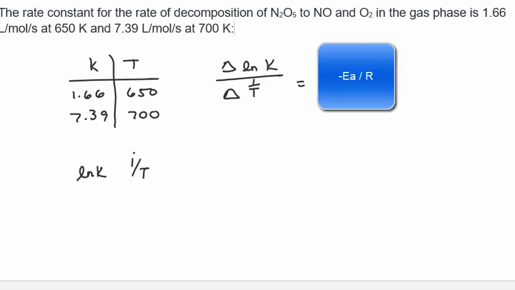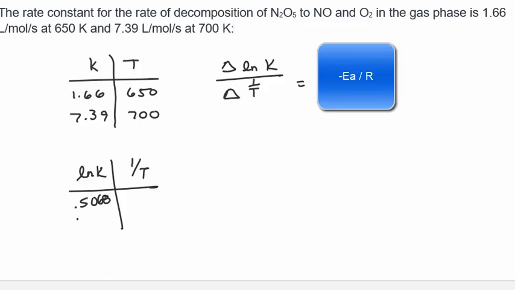I opted to do it in my calculator, but just briefly to show you the numbers, and I have a reciprocal button. It's an x to the -1. I find that very convenient and it keeps all my numbers together. But the natural log of 1.66 should end up being about 0.5068, where the natural log of 7.39 should end up being about 2.00.